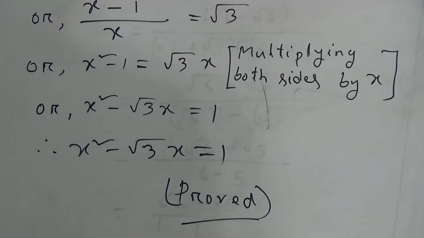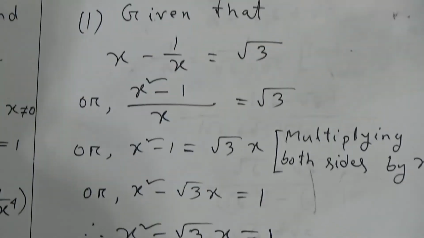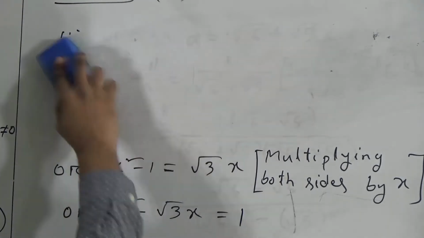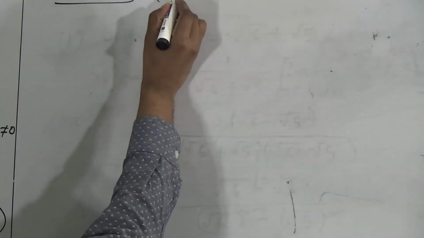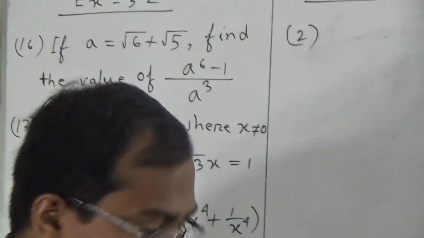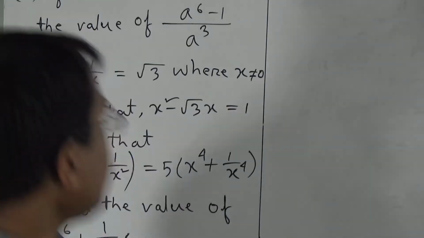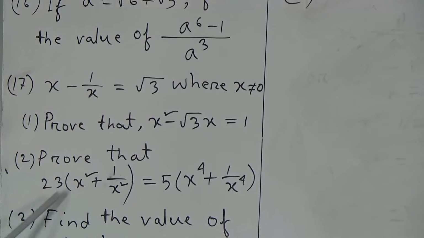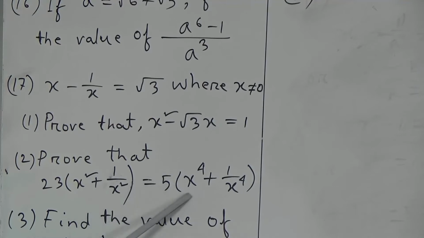Dear students, we have solved one number. Now we solve two number. Here the question is, prove that 23 into x square plus 1 by x square is equal to 5 into x to the power 4 plus 1 by x to the power 4.